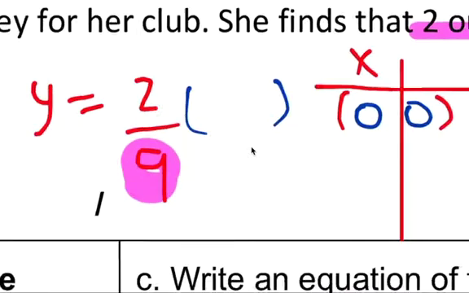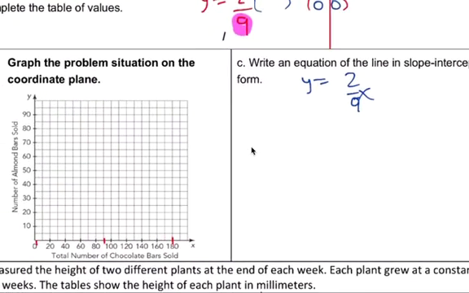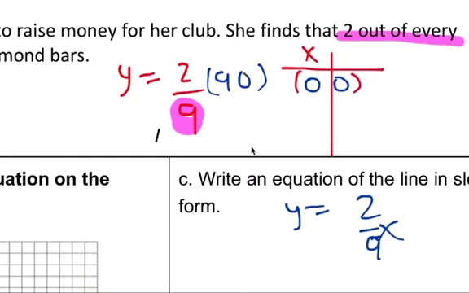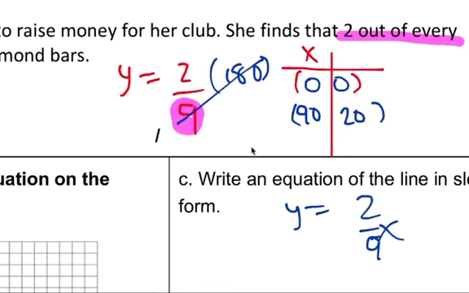Another one I said to choose is 90. Cross cancel. That's 20. So 90 and 20. And another number I said to choose is 180. Cross cancel, 20. So 180 makes sense.